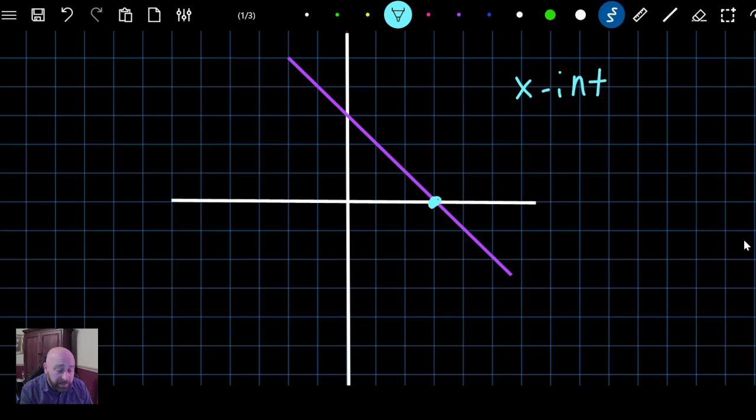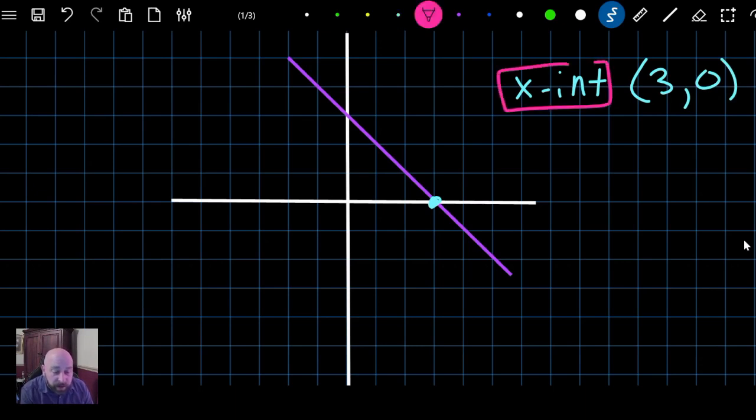What point is that? Let's write it down. So let's start on the x. We're going 1, 2, 3 on the x. So our x is going to be 3. And we don't rise or run because this is right here on the x line, right? So there's no rise, there's no run. So the y point is going to be 0.